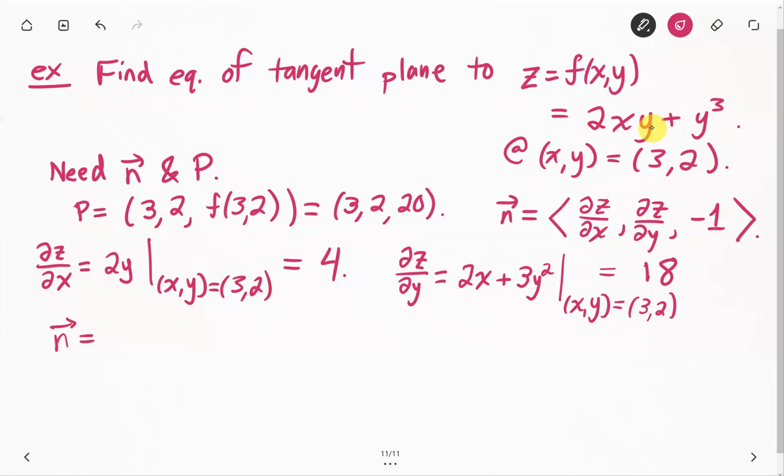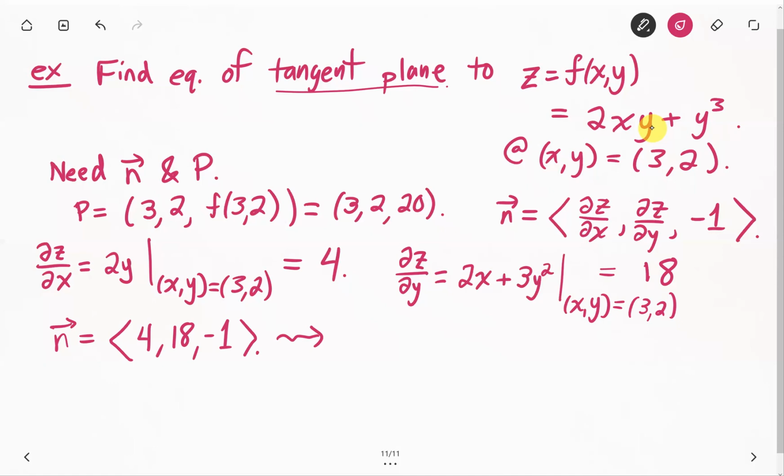We could use those to calculate tangent lines, but here we're calculating the equation of a tangent plane. So here, thanks to the observations on the last page, our normal vector is going to be (4, 18, -1). So I can already write down most of the equation of the tangent plane.